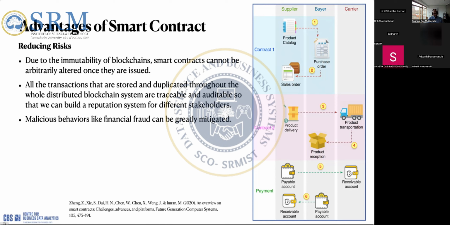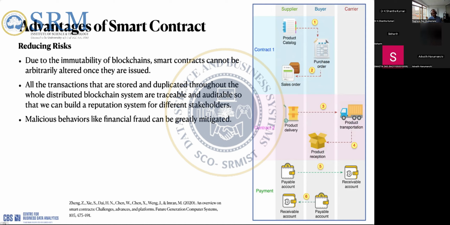So since they are hosted on the blockchain, the smart contracts cannot be altered. That means once you deploy a contract on the blockchain, it is permanent, right? Nobody can make changes.